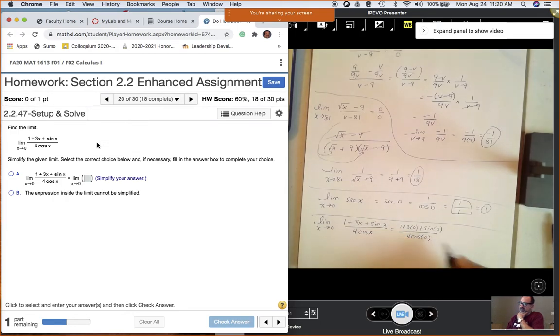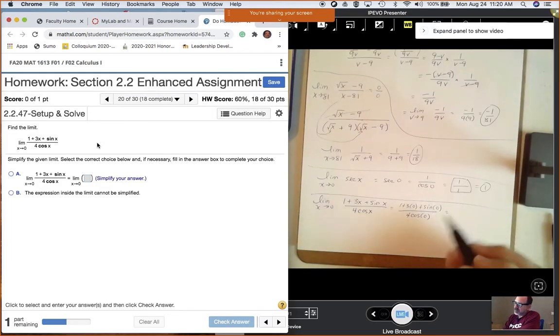See, these aren't even indeterminate forms, are they? This can be 1 plus 0 plus 0 because the sine of 0 is 0 and the cosine of 0 is 1. It's going to give me 1/4.